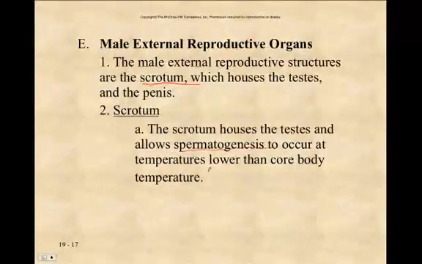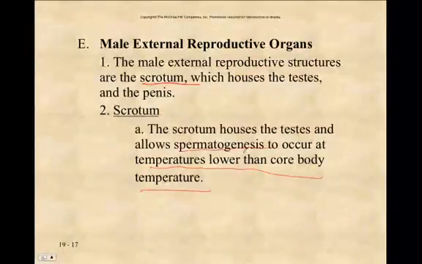What the scrotum does is help to maintain the ideal temperature needed for spermatogenesis. Spermatogenesis needs to occur at temperatures that are slightly lower than the core body temperature, and the scrotum helps to maintain those temperatures.